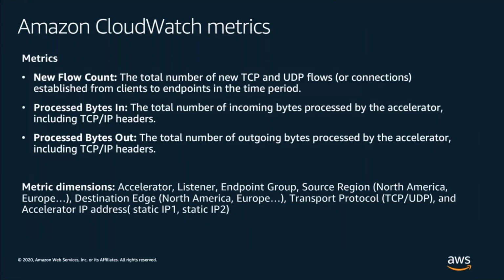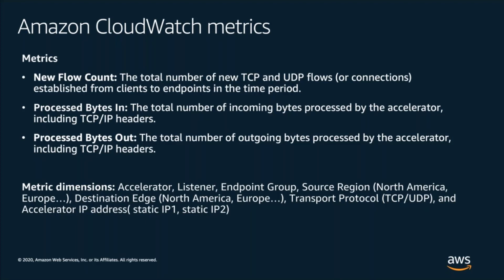More recently, we launched CloudWatch metrics. If you're familiar with the network load balancer metrics, or load balancing metrics in general, this should look familiar. There are three metrics: the new flow count, and the processed bytes into your endpoints and out from your endpoints to the internet.